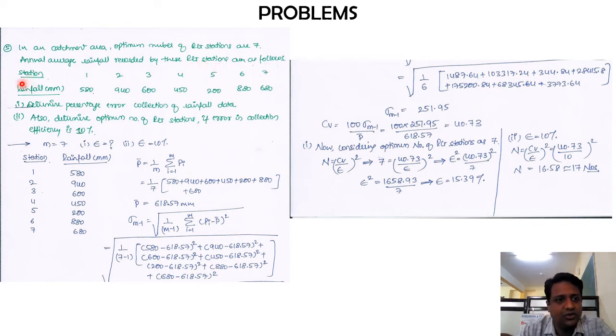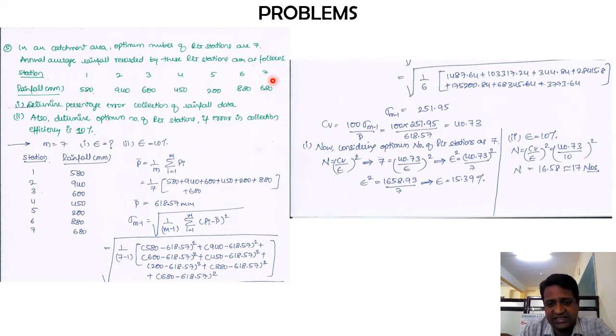For stations 1 to 7, the rainfall in millimeters that they have collected is 580, 940, 600, 450, 200, 880, and 680.